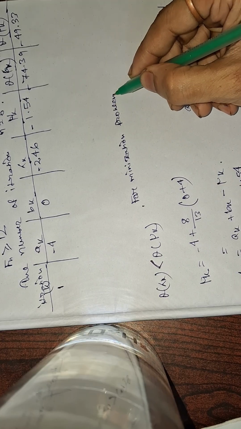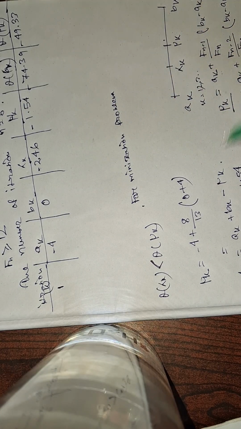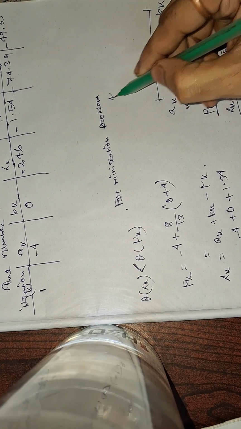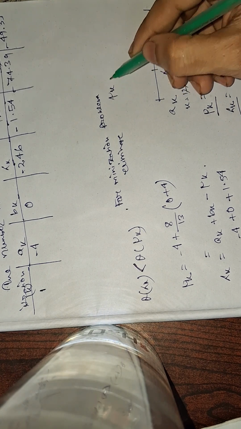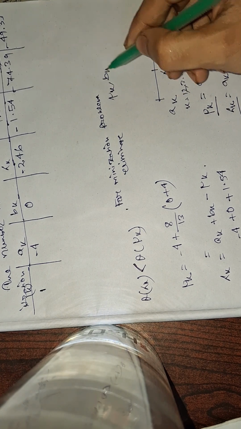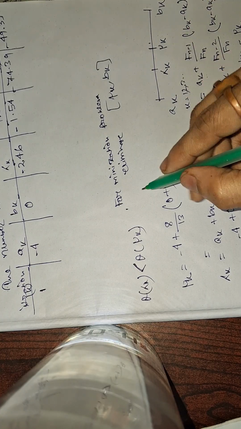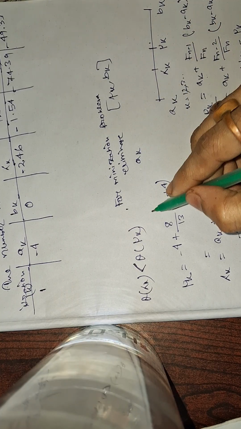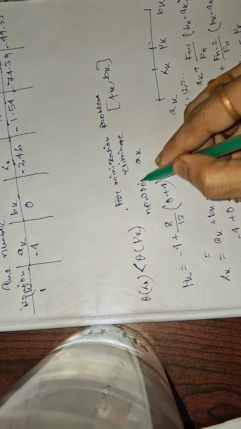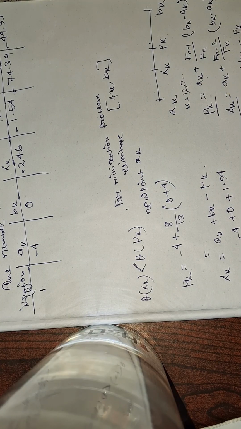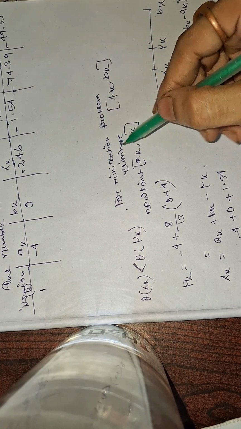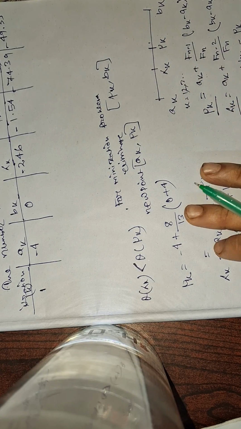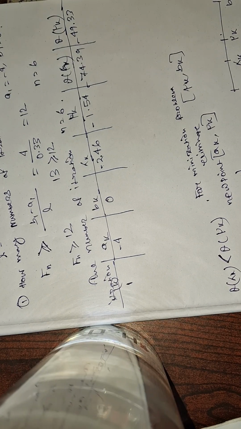So this is a minimization problem, so we can eliminate mu k to bk, this part, and the new interval is ak to mu k.